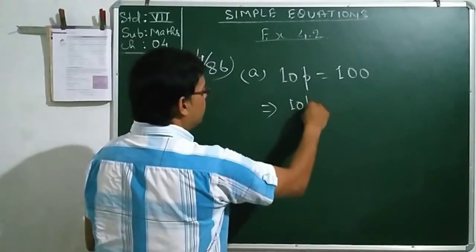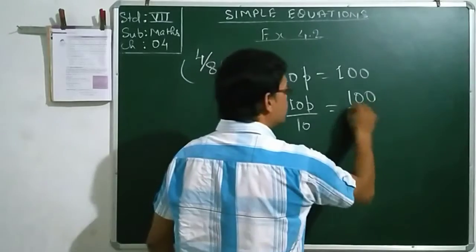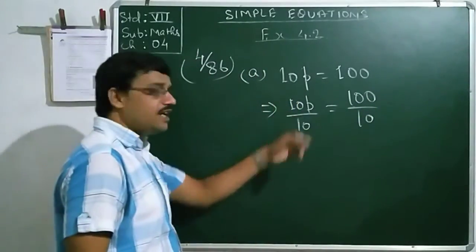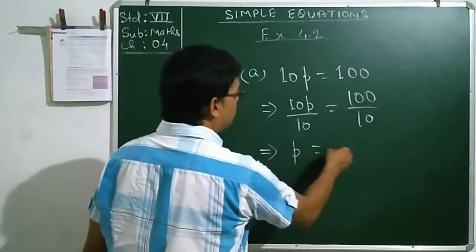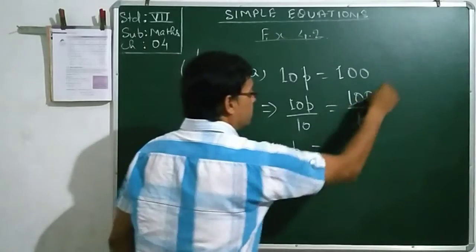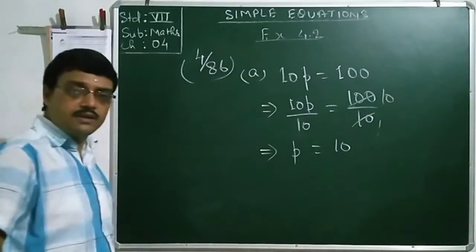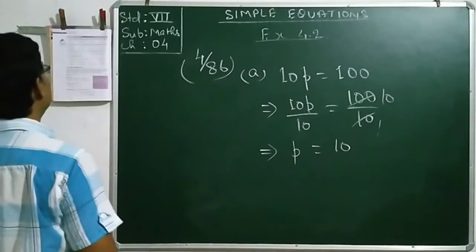So we will divide the term by 10 and the RHS will also be divided by 10. 10 by 10 value is 1. So we will write p equal to 10. Tens are 100. So the value is p equal to 10. Very similarly, you can go for the remaining sums.